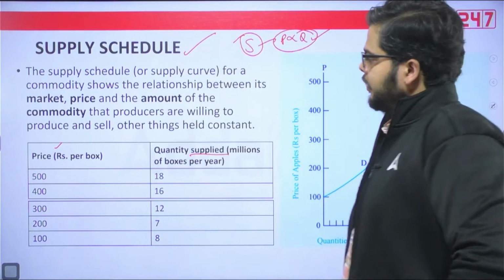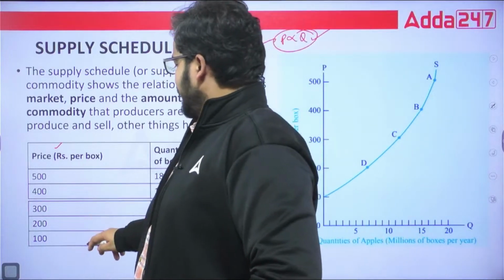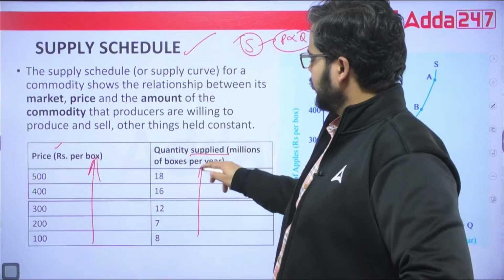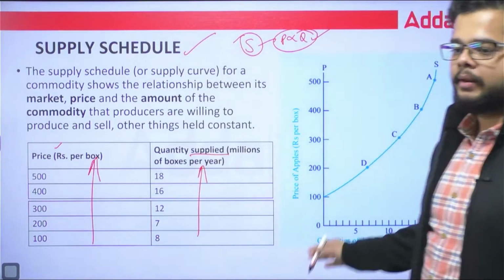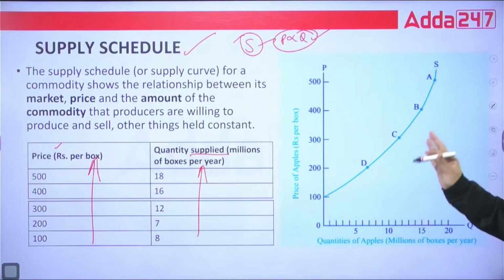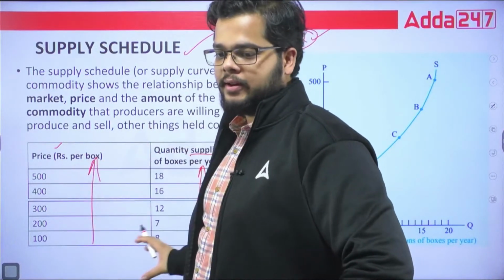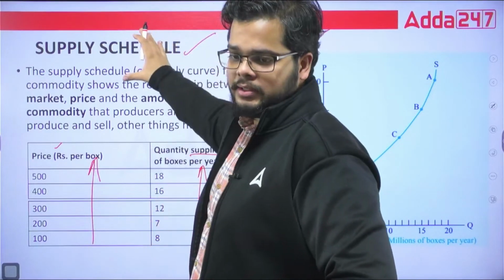As the price rises, the quantity supplied will also rise. Simple, they have a direct relationship, and this particular relationship in itself is known as the supply schedule.